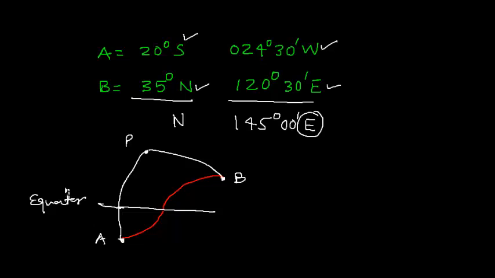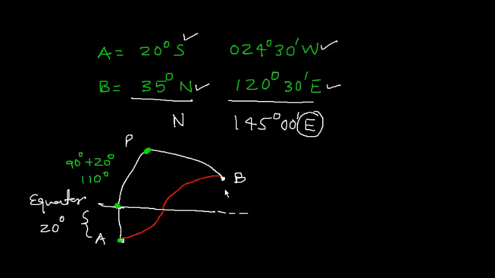So now this is 20 degrees south. So from the equator, let me mark this curve. From this point to the pole is 90 degrees. So the total PA from pole P to this point A is 90 degrees plus 20 degrees, that is 110 degrees. Similarly, let's mark this way.